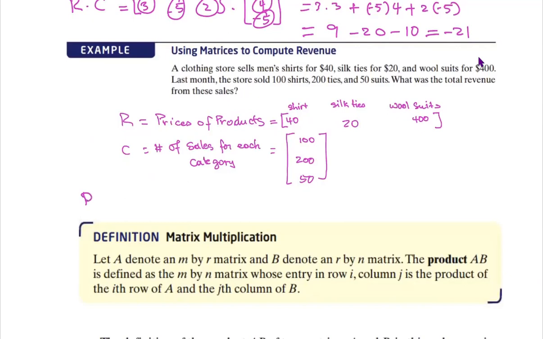So that is revenue, that equals RC, which equals the row vector times the column vector.